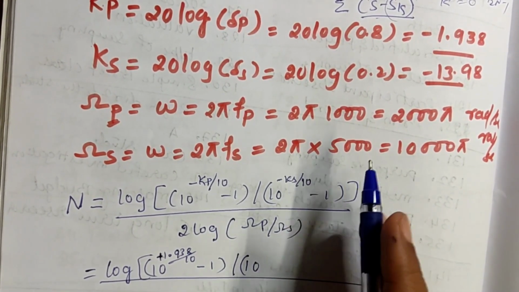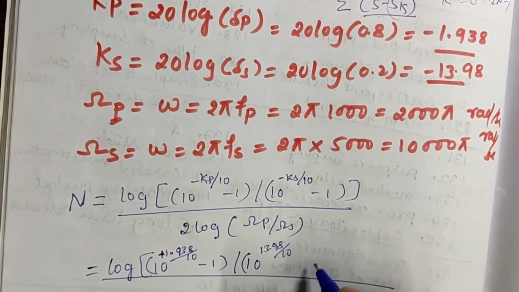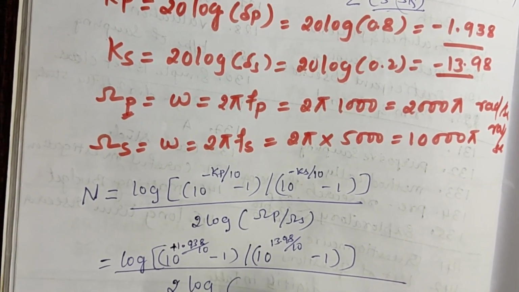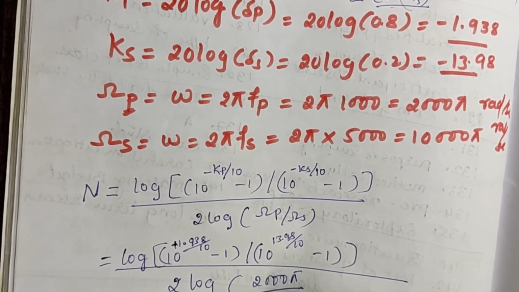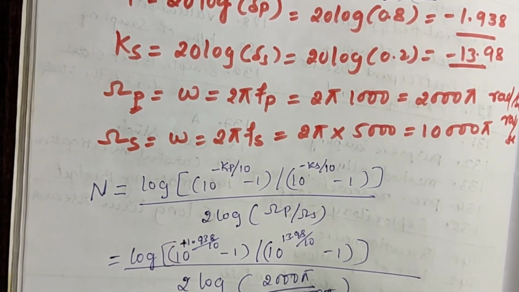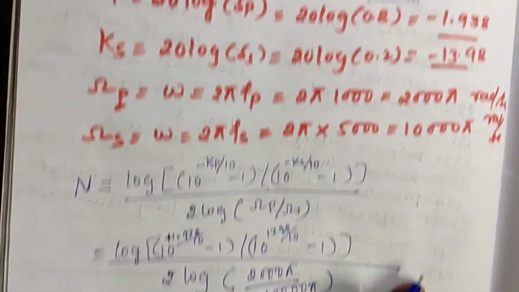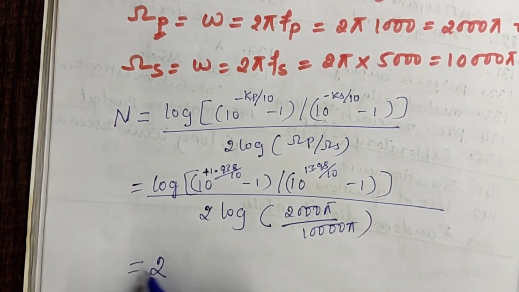Minus Ks means plus 13.98, by 10, minus 1, divided by 2 log of omega P, which is 2000 pi, divided by 10,000 pi, which is omega S. So substitute this and calculate. You get N is equal to 2.